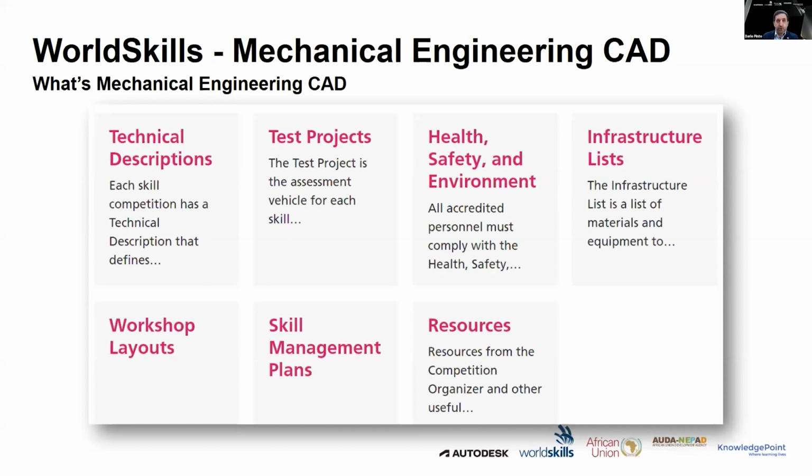That is the document that explains what the skill is, okay? You can find test projects for all the skills, including the mechanical engineering CAD, from past competitions, the last, I believe, 10 competitions now, everything related with health and safety.